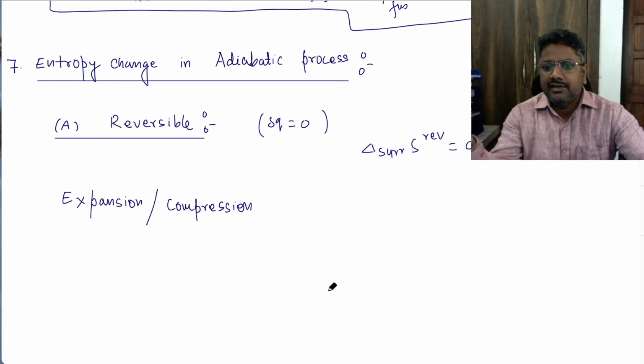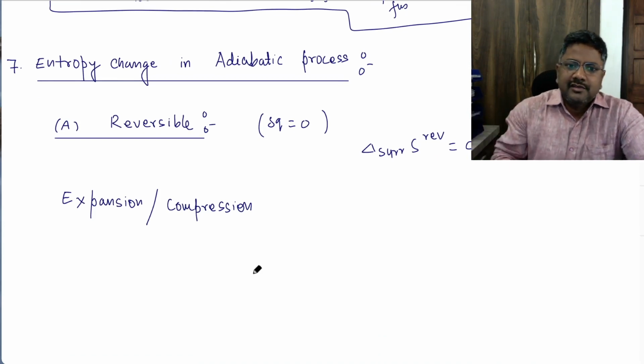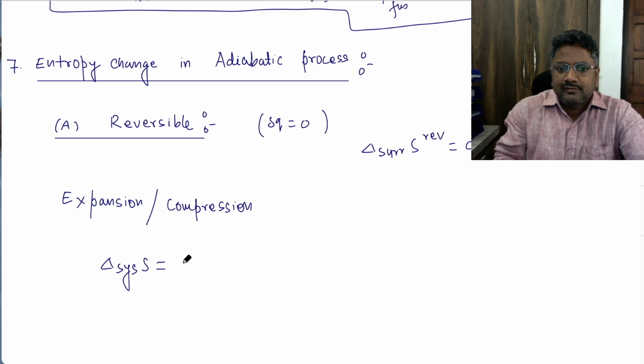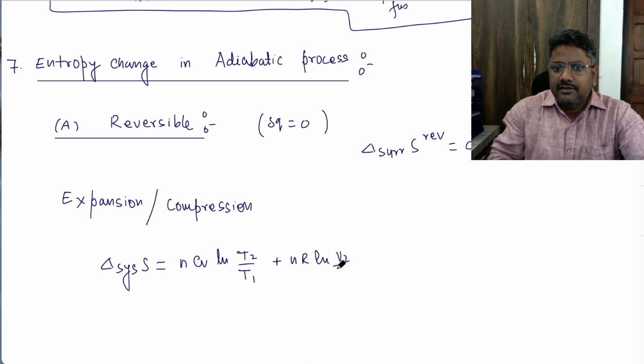Rest T, P, V all are changing. So entropy change of system is equal to what? n Cv ln T2 by T1 plus nR ln V2 by V1. So entropy change of the system is given by this equation.